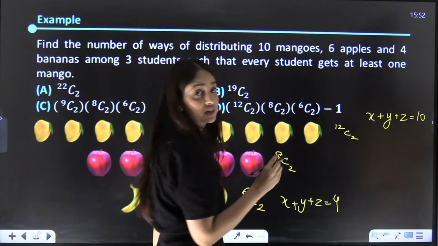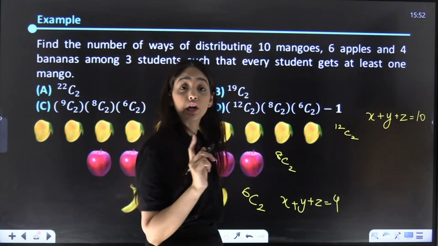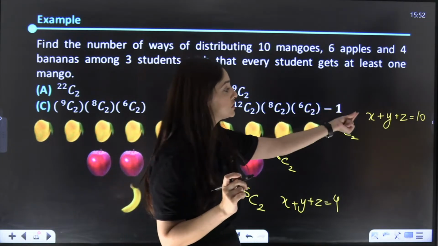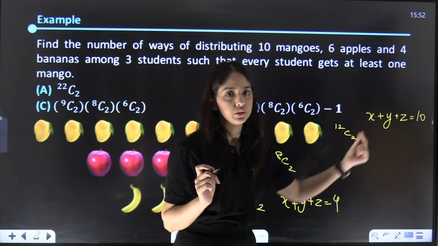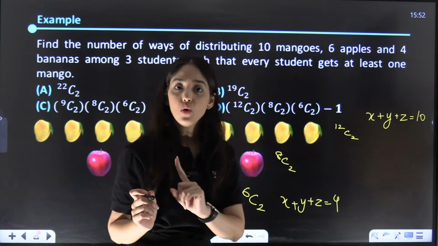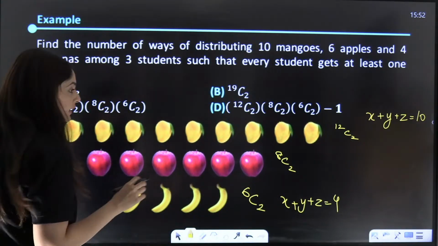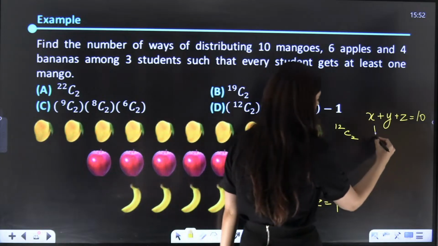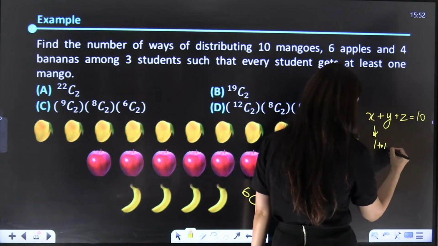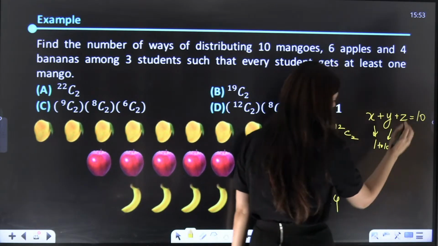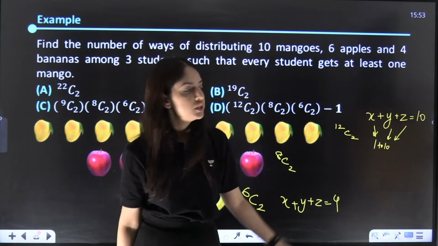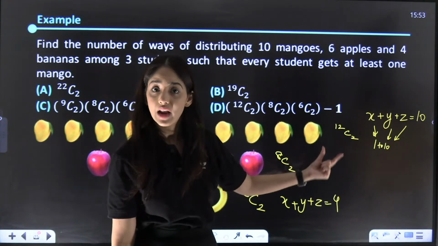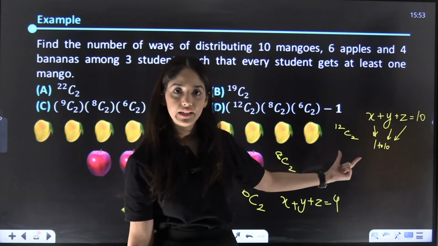In this equation, now we have a condition. Earlier, all of them could go from 0 to 10, right? But now each of them will go from 1 to 10, right? So that means now we cannot apply the formula directly.